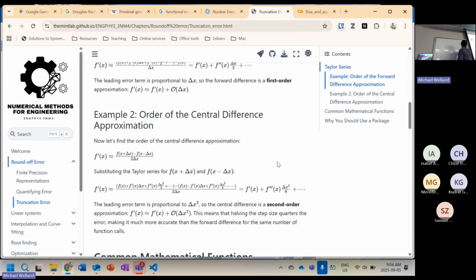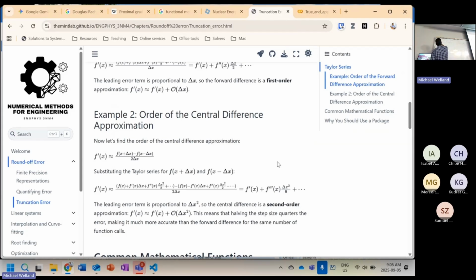So far, so good? Okay. And then there were other terms. This was f triple primed something, right? This would be delta x squared, so on and so forth. So far? Okay. Swap out delta x with negative delta x. And you can do that. Just take delta x. Now it is negative delta x, right?